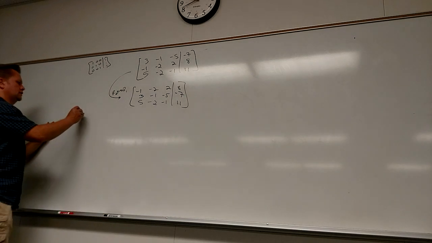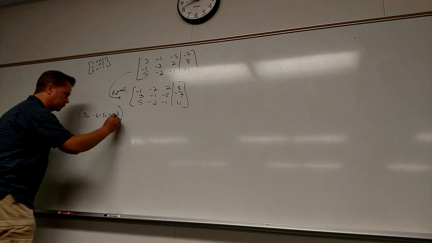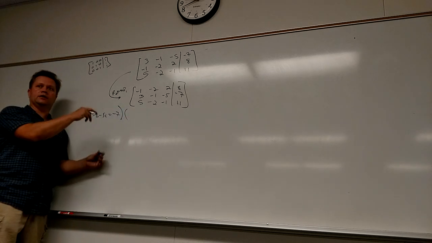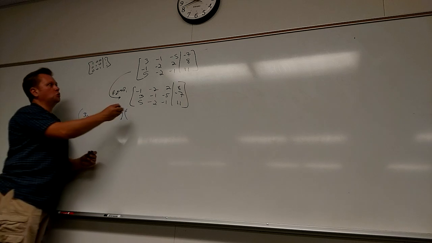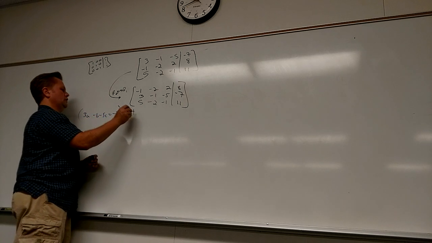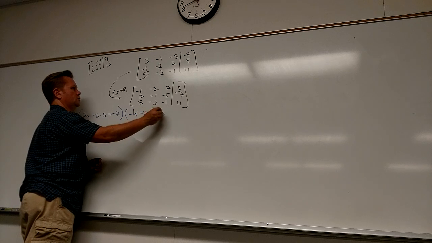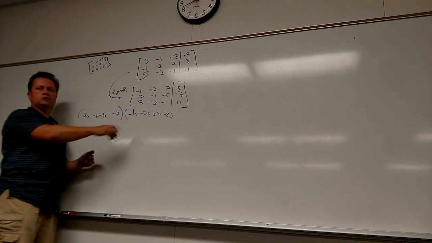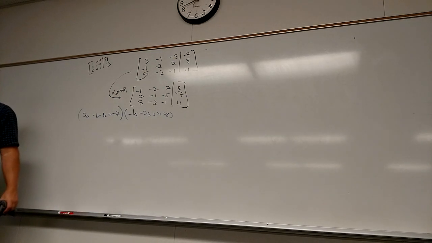Why? Because if I take 3a minus b minus 5c equals -7, and multiply that by negative a minus 2b plus 2c equals a, how do you multiply two equations? You cannot multiply two rows together because rows are equations.